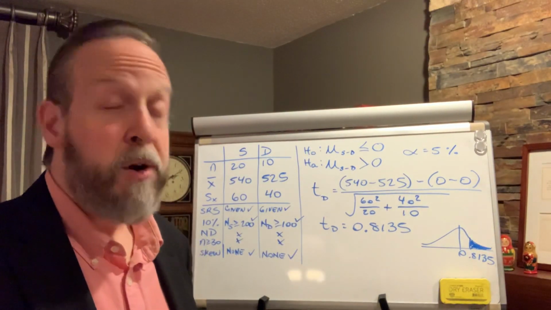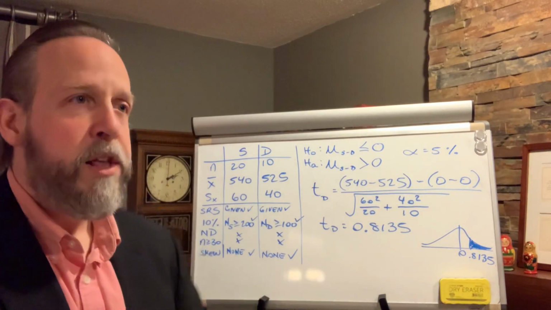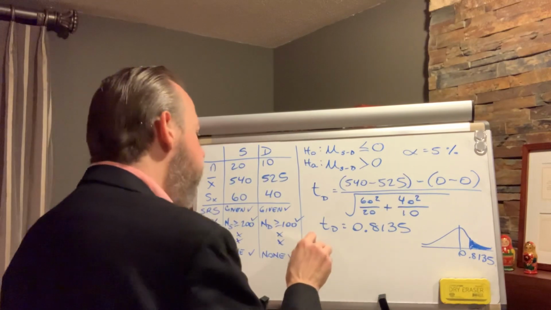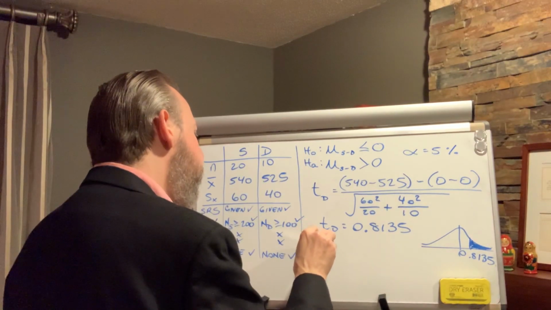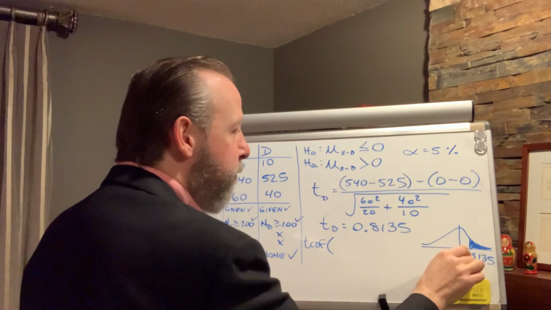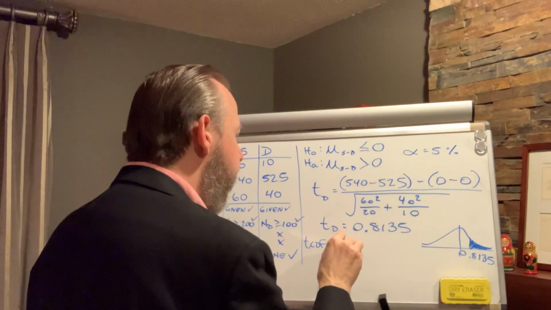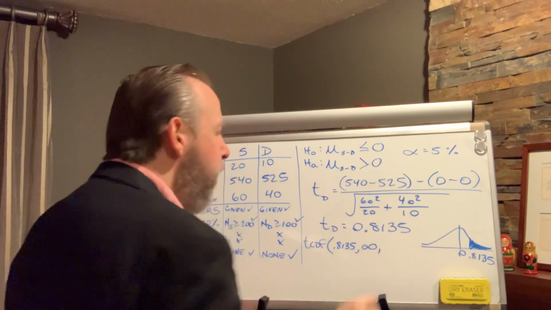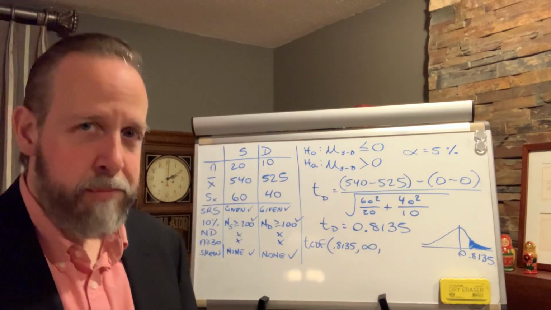Just like with our one sample means test, we're going to use our tCDF function. So tCDF from a lower boundary of 0.8135 to an infinite upper bound with how many degrees of freedom?